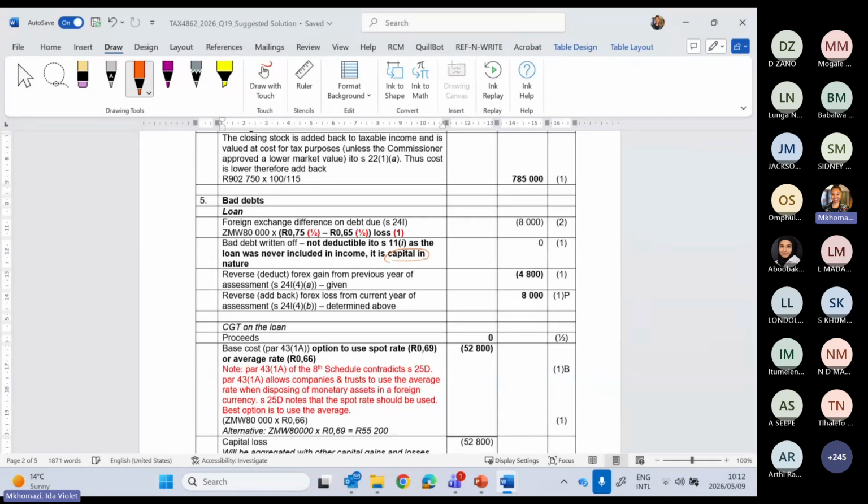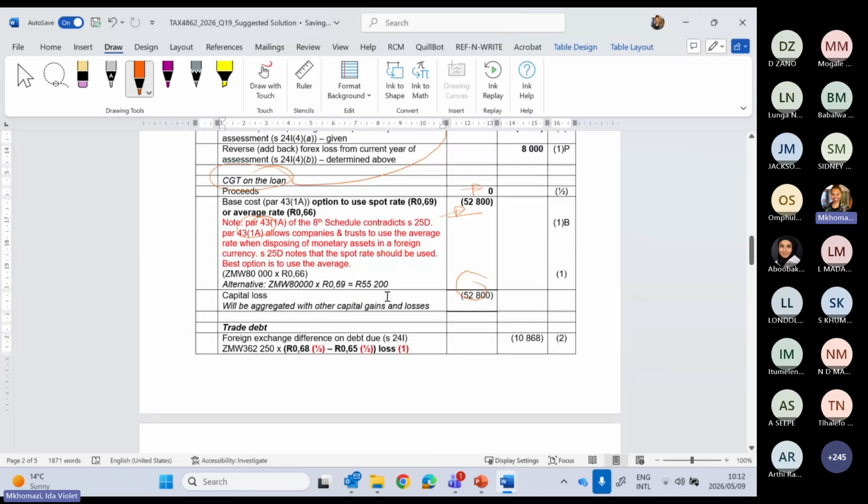Therefore, it means that this loan is capital in nature. And since it's capital in nature, then don't forget to consider the CGT on that loan. The proceeds will be nil, and the base cost, you can either use the spot rate or the average rate because of paragraph 43.1. Then you end up with a capital loss.